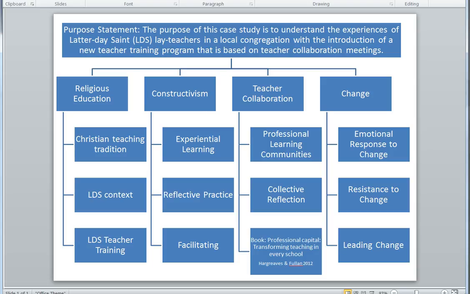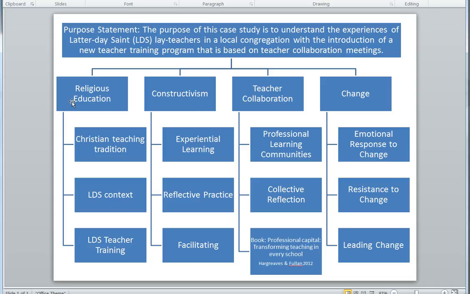She lists them then as the topical areas that will be of primary interest, so they become her literature streams. So look at this. We've got one that is religious education. Now we could just start with church education or with the LDS church education.